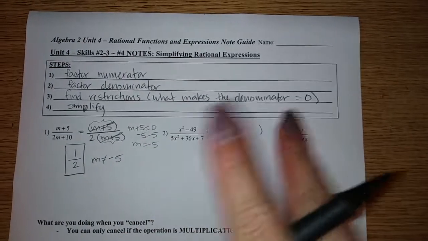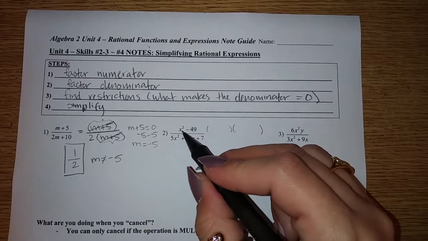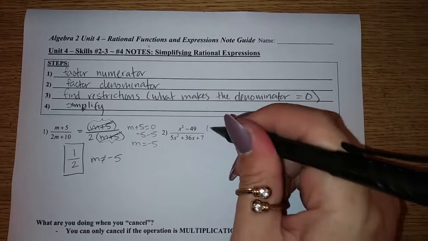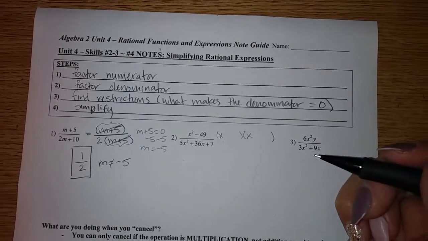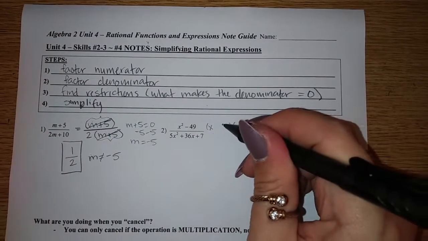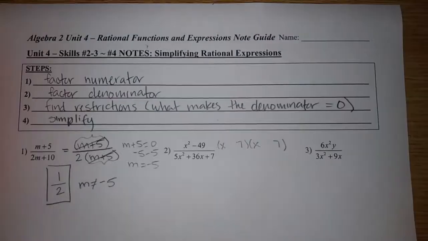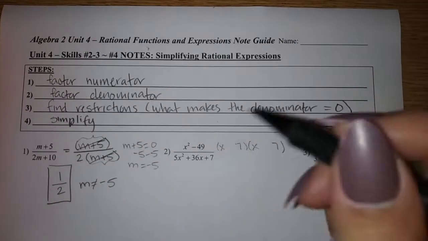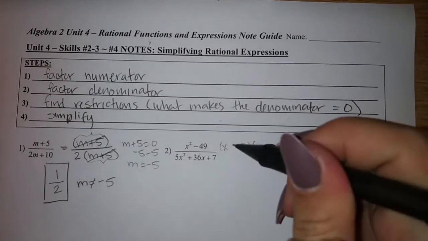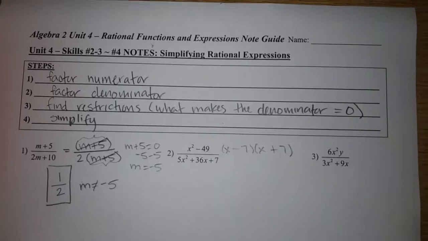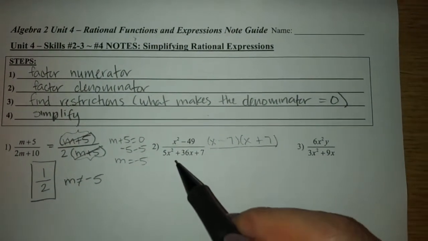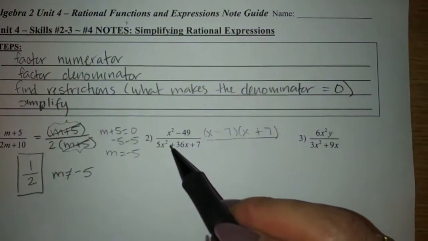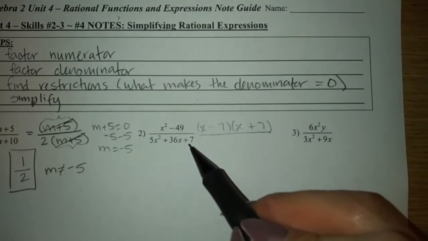So we're just going to separate them. So x squared separated will be x and x, and 49 will be 7 and 7. Because it's a difference of squares, one will be negative and one will be positive. We are going to put all of this over our factored 5x squared plus 36x plus 7.